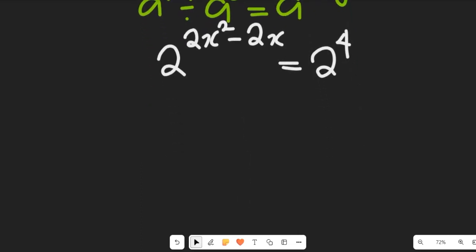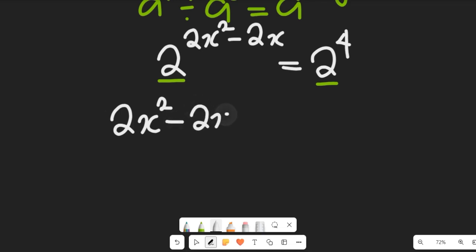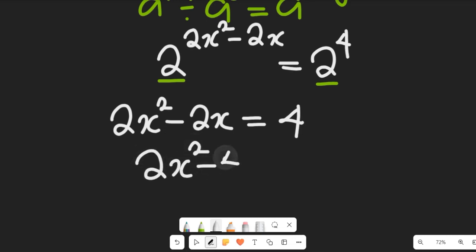So since we have a common base, it's a good idea that we equate the powers. So we're going to have the powers give us 2x squared minus 2x equal to 4. To make this a complete equation, we'll subtract 4 from both sides, and this will be equal to 0.